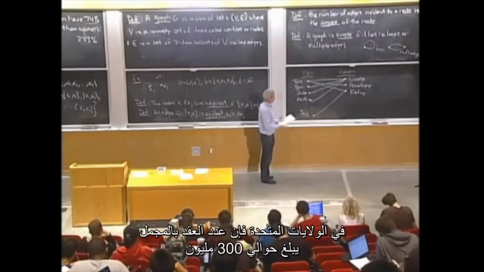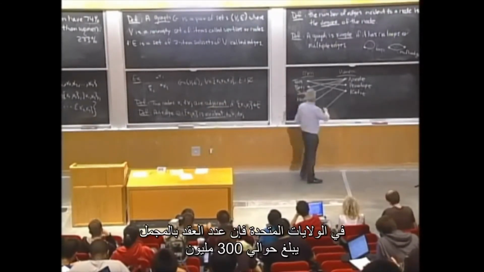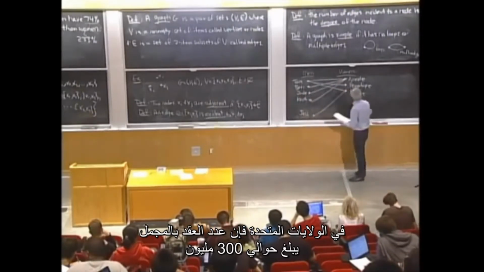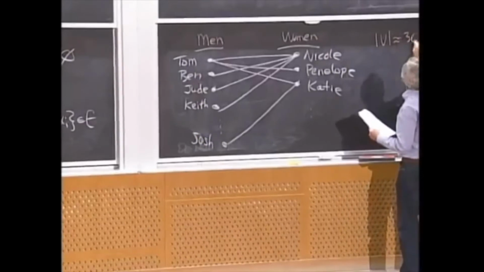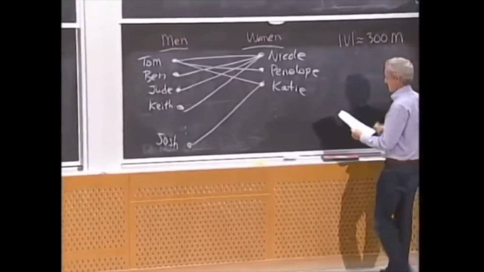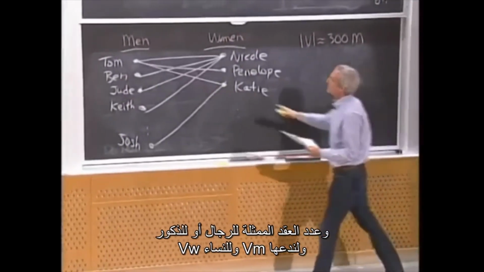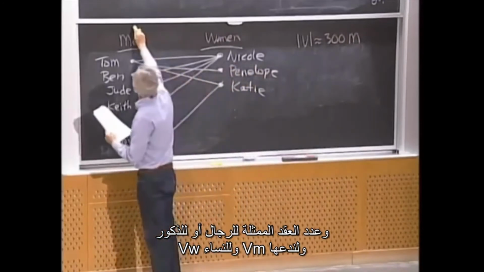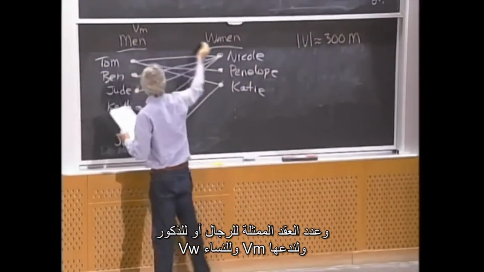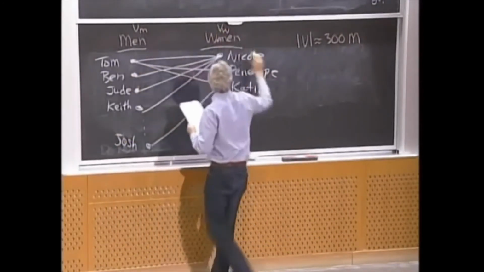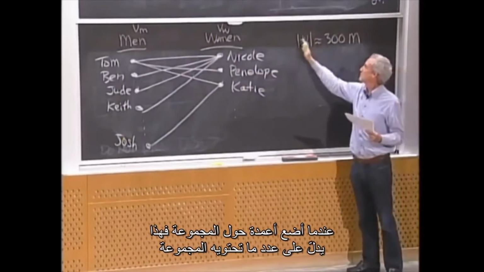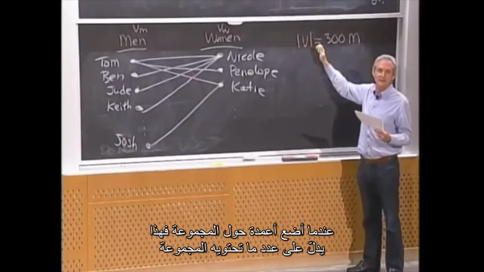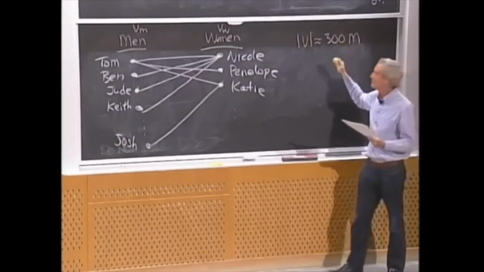Okay, now in the USA, the number of nodes here is about 300 million. All right, about 300 million people. And the number of men nodes, male nodes, call these VM, and this is VW. By the way, I'm using cardinality notation. When I put bars around a set, that is denoting how many are in the set.